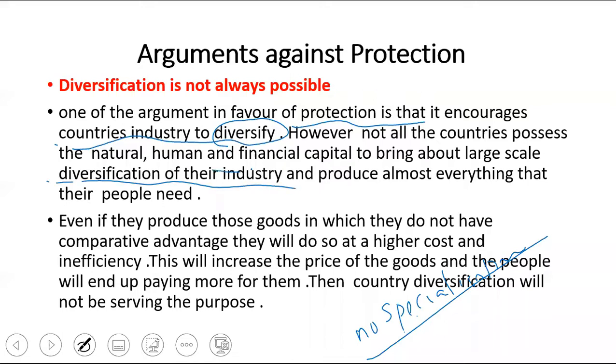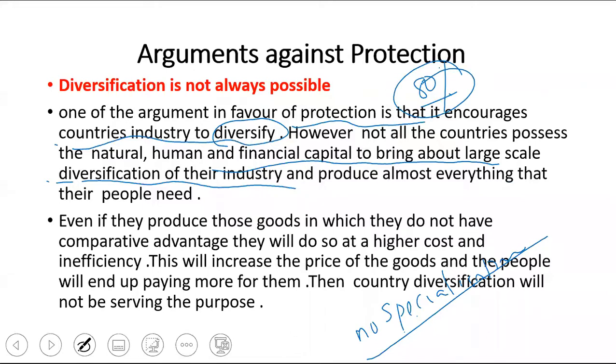Theoretically diversification looks big and impressive, but every country must have natural, human, economic and social resources. To be self-sufficient you need a lot of money. Otherwise, domestically we cannot produce everything, nor will we be able to improve our quality. I told you yesterday, labor is the main item of export of any product.